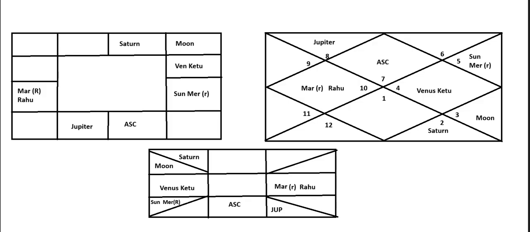As you can see, the ascendant here is Libra, and the Rashi or the moon sign is Gemini, of this person. And in the second house, Jupiter is there, and Jupiter is under Anuradha Nakshatra.